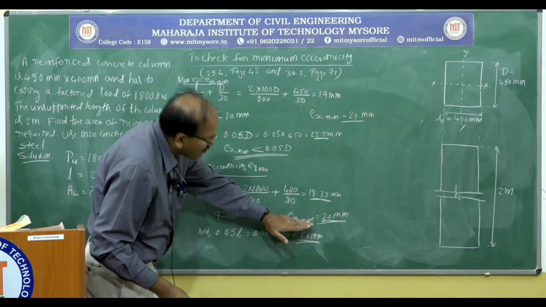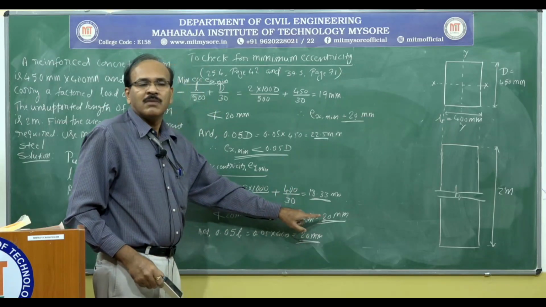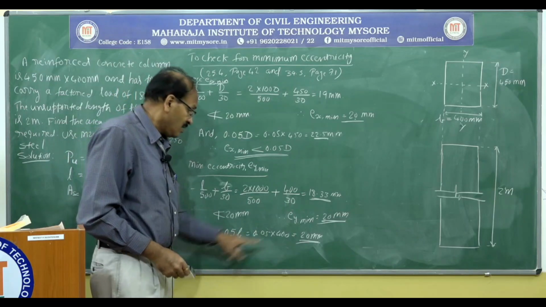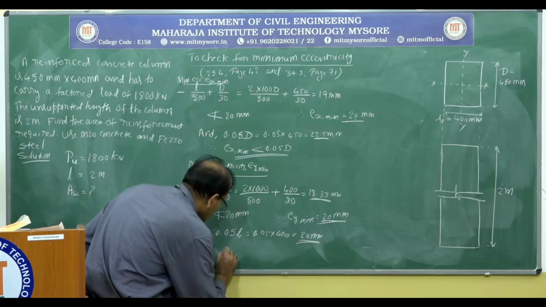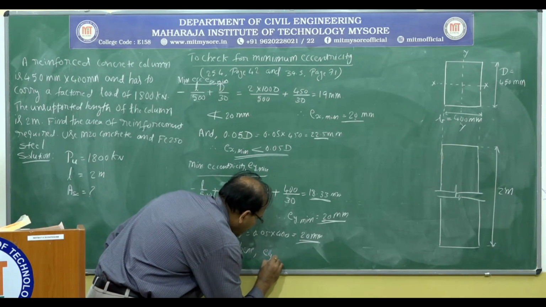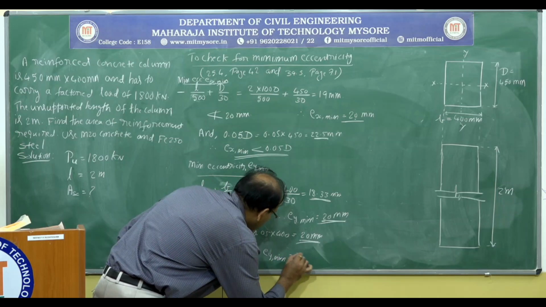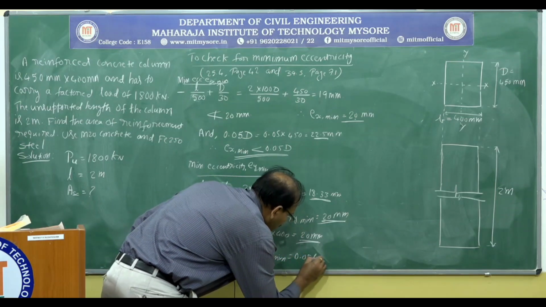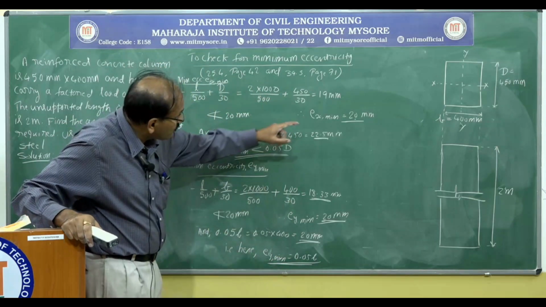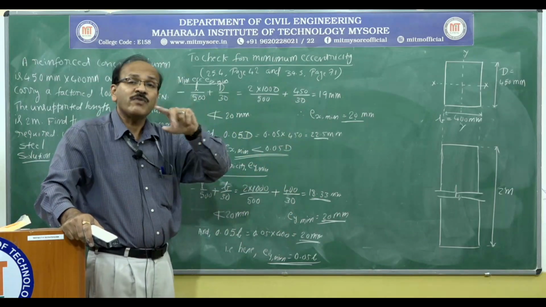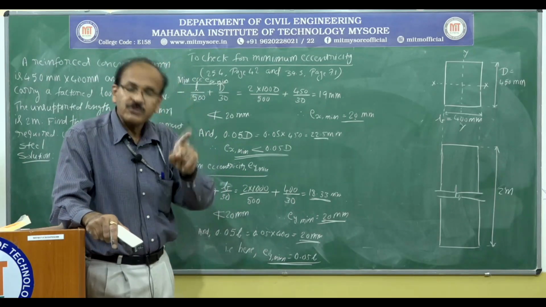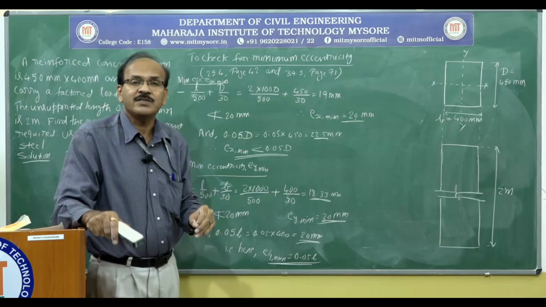So here Ey minimum should be less than or equal to 0.05 B. Here in this case, this is equal to this, that is, Ey minimum is equal to 0.05 B. Then we can go ahead when these two conditions are met, and also once we made sure the column is short, then we are at liberty to use the formula given under 39.3.